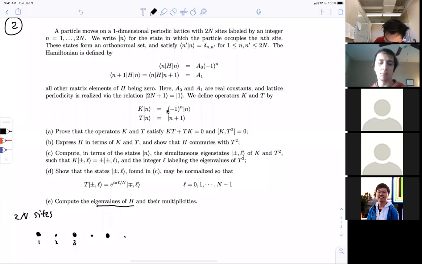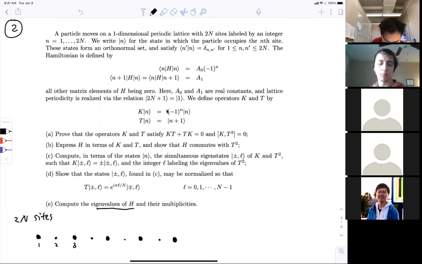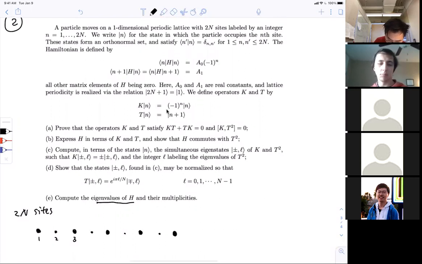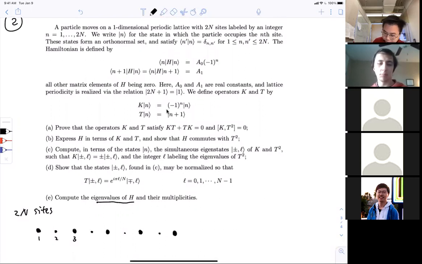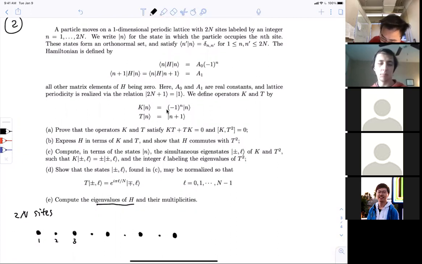By the way, the reason I draw one bigger and one smaller is that when n equals an odd number, the Hamiltonian H_n equals minus H_a naught, and when n equals an even number, it is H_a naught.